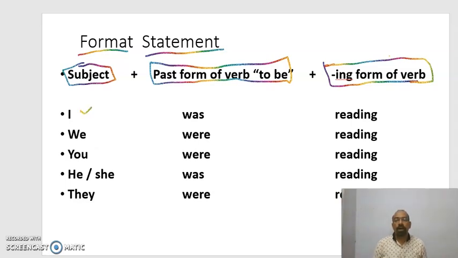Look here: I, subject; past form of the verb to be is was; and ing form of the verb, reading. We were reading, you were reading, he, she or it was reading, they were reading.